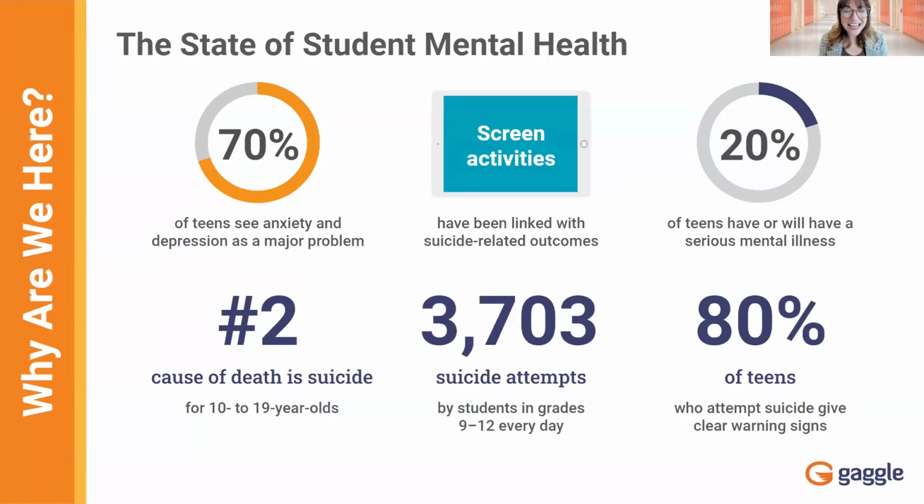Suicide is the second leading cause of death amongst our 10 to 19-year-olds, with 3,703 suicide attempts noted annually in high school grades alone. We also have 20% of teens that are predicted to experience a serious mental illness. And shockingly, 80% of teens who attempt suicide have previously given clear warning signs.